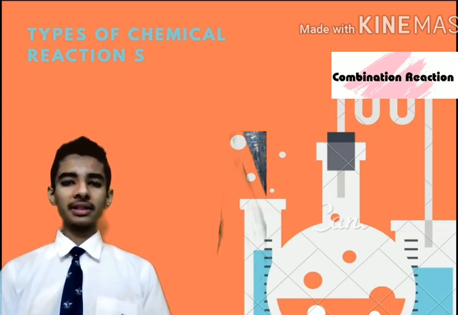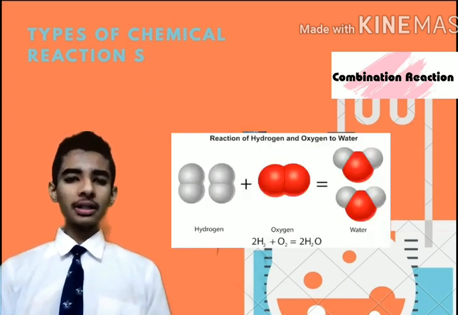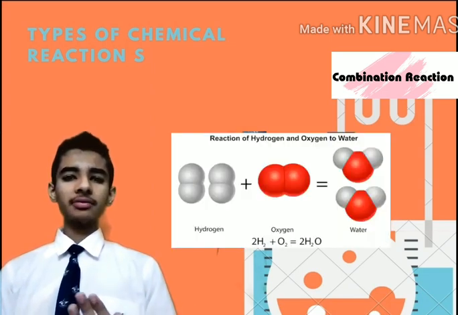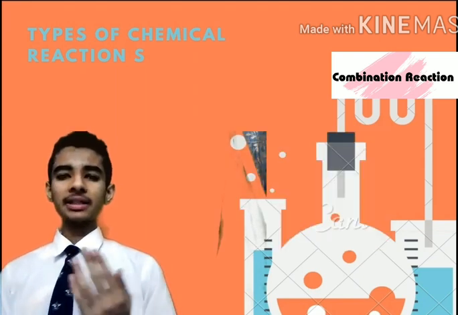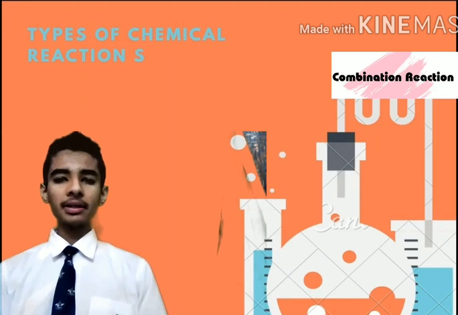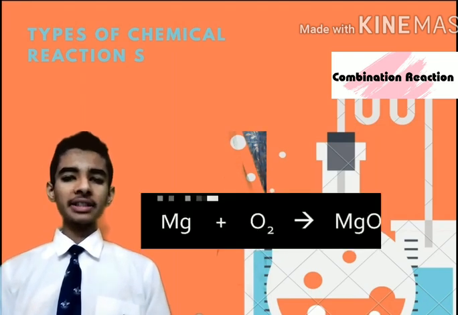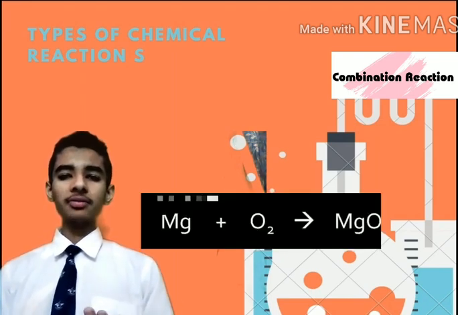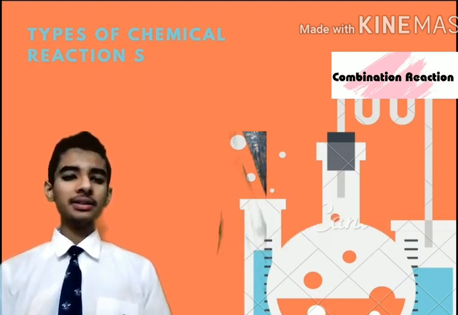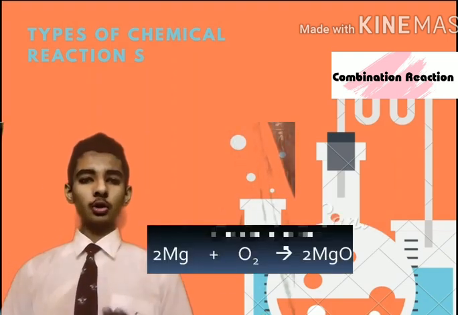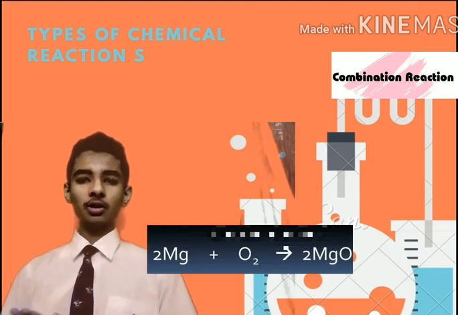Let's now discuss some examples. Hydrogen plus oxygen gives us H2O, means water. Let's discuss another example. Mg, magnesium, plus O2, oxygen, gives us MgO. Let's balance this. Balanced: 2Mg plus O2 gives us 2MgO.